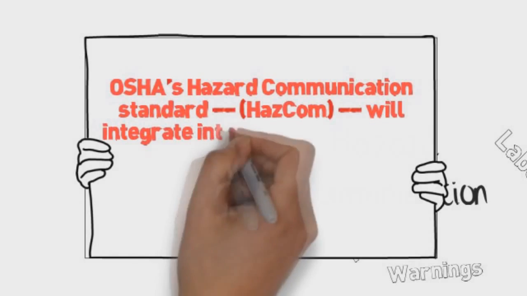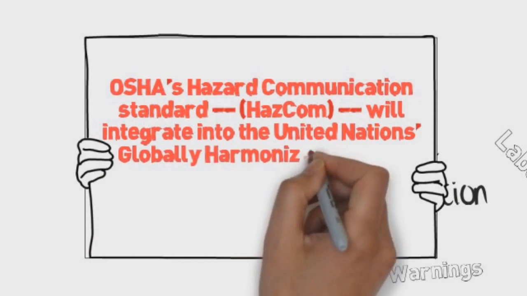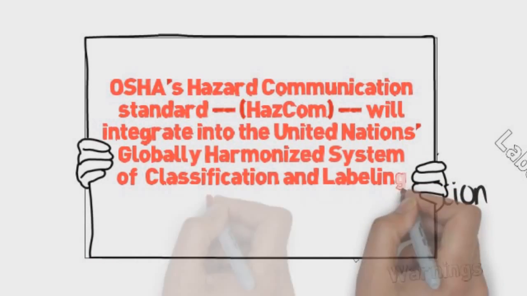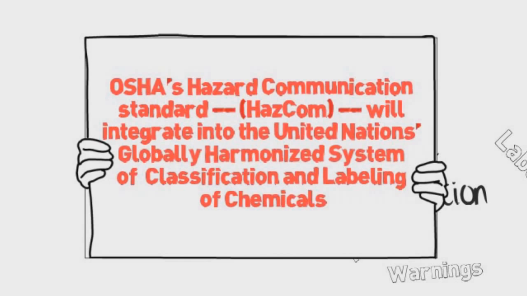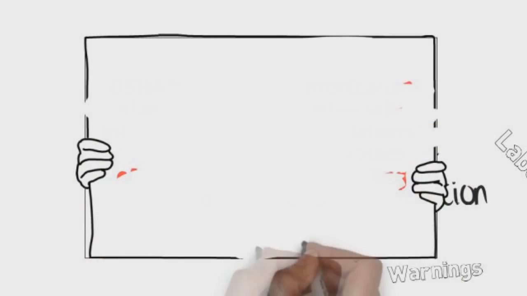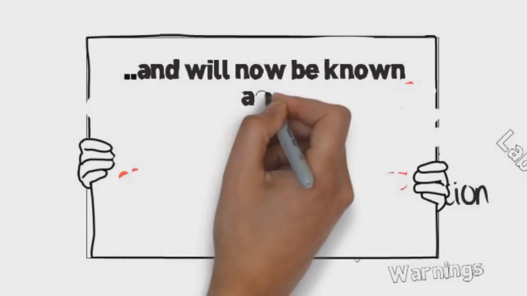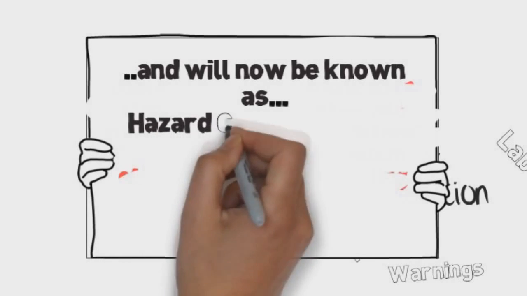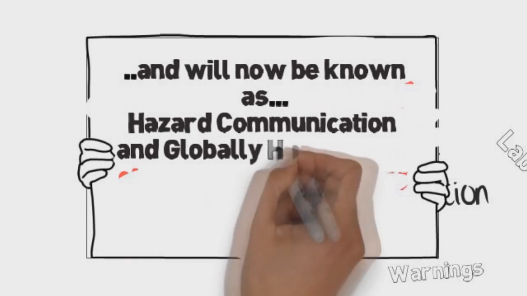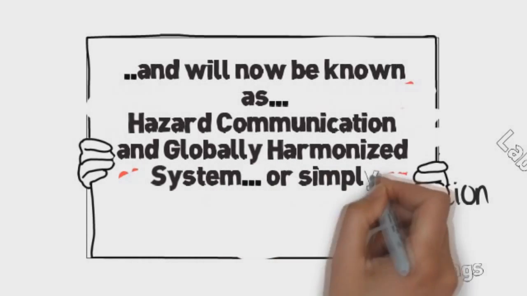OSHA's Hazard Communication Standard, known as HazCom, will now integrate into the United Nations globally harmonized system of classification and labeling of chemicals. It will now be known as the Hazard Communication and Globally Harmonized System, or simply the GHS.